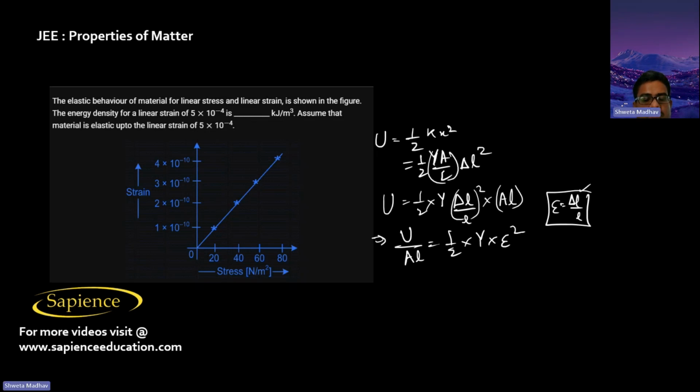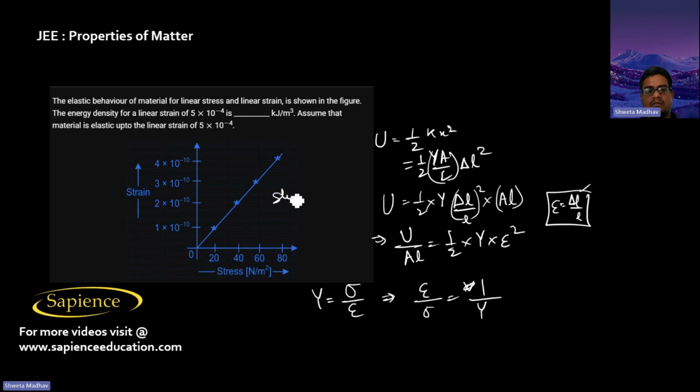Now here they have shown the stress versus strain graph. Then from here you can find out the Young's modulus. So Young's modulus is stress by strain. So therefore strain by stress is equal to 1 by the Young's modulus.